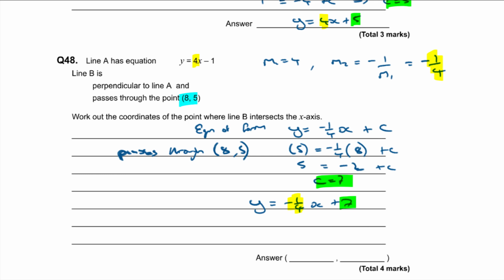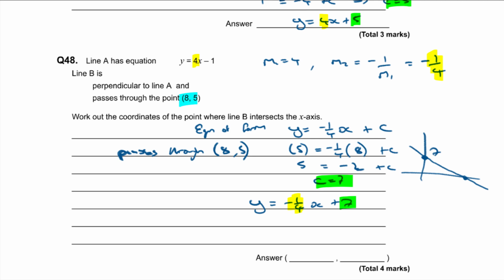Now, not done yet. Work out the coordinates of the point where B intersects the x-axis. So now this is an equation with a negative fractional gradient, so it's slowly sloping down like this. We know this point here is 7 because it's the y-intercept. We want to know where it passes through the x-axis. This is the point down here. It's called the x-intercept.